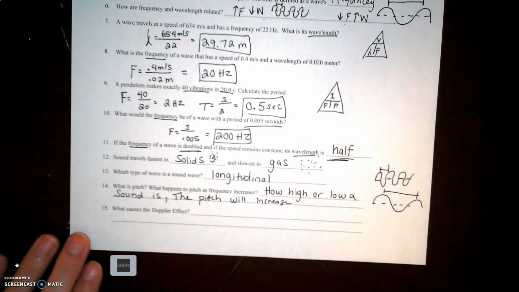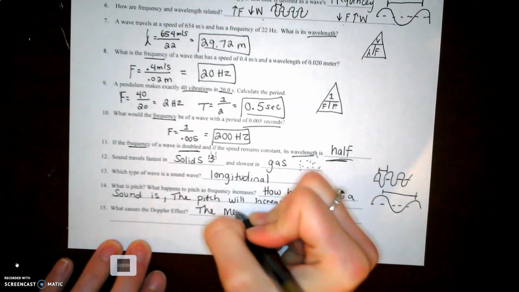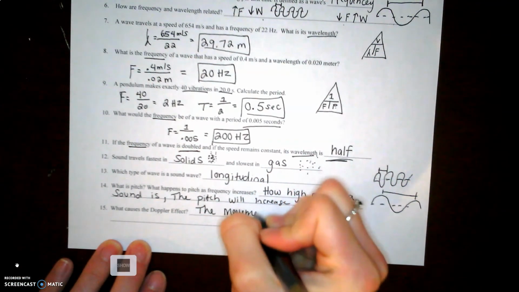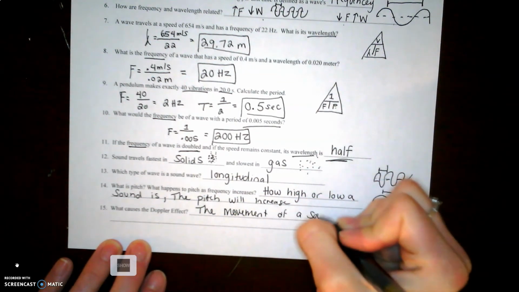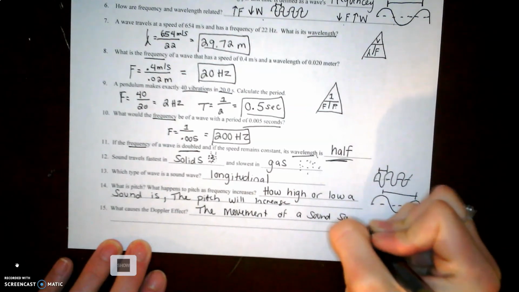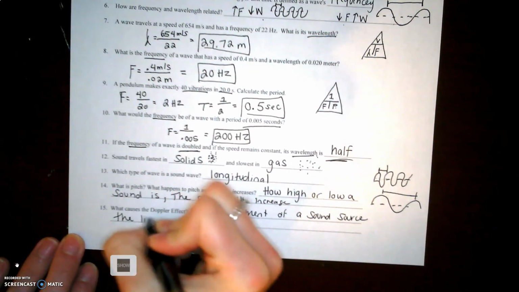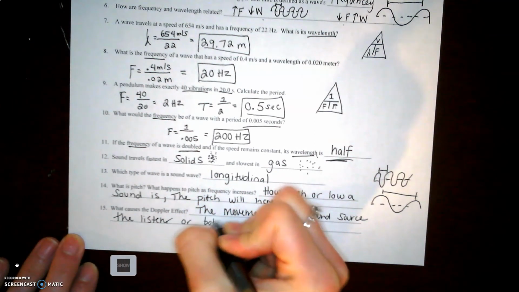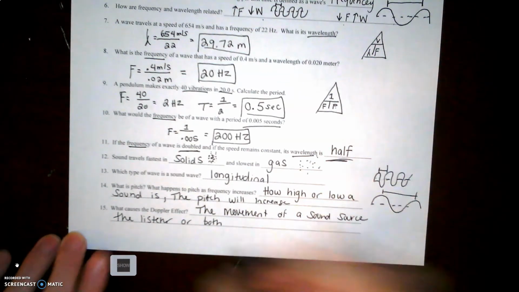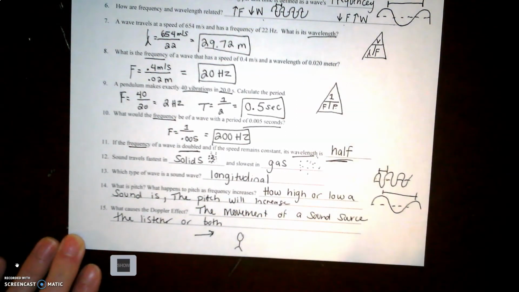What causes the Doppler effect? It is the movement of a sound source, the listener, or both. So again, that's if a car is driving this way and you're standing on the side of the road.